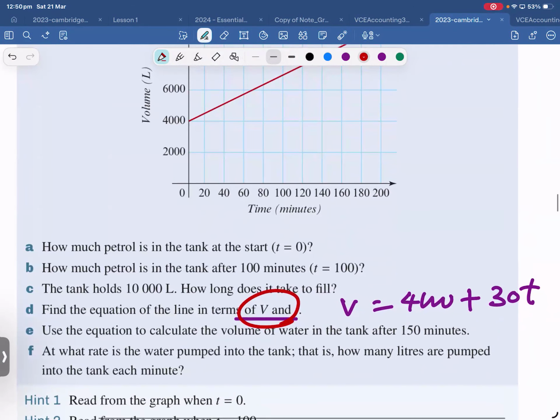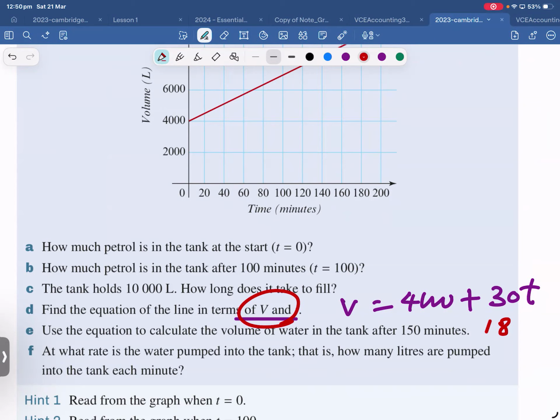Yeah, calculate it. Do I just do 30 times 50? Yep. So I use terms V and T. So V equals 4,000 plus 30 times 50.